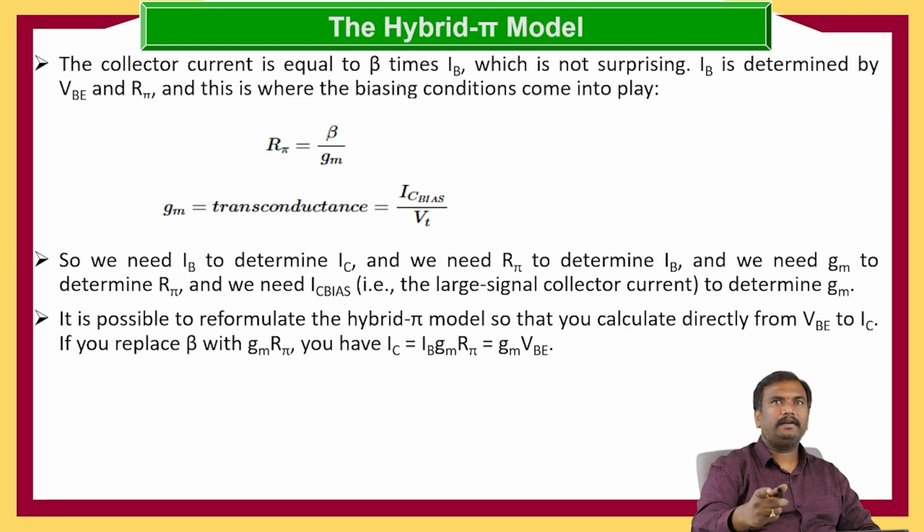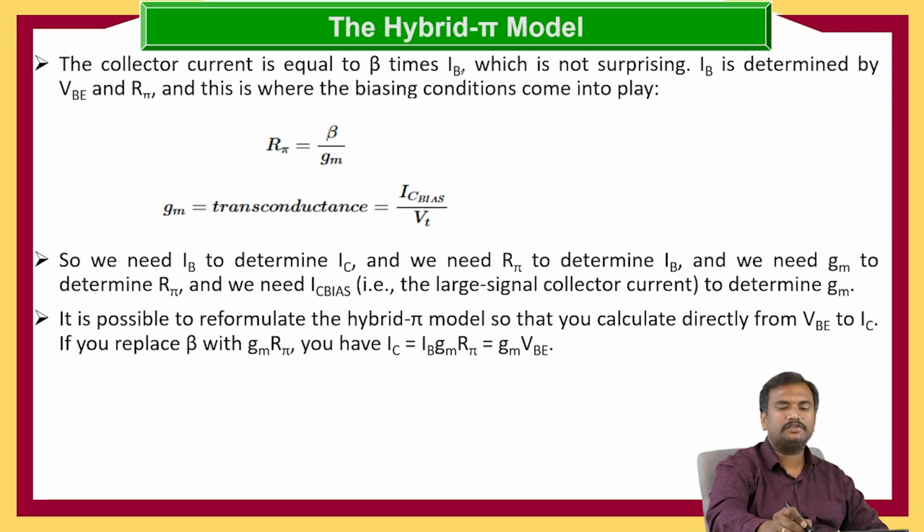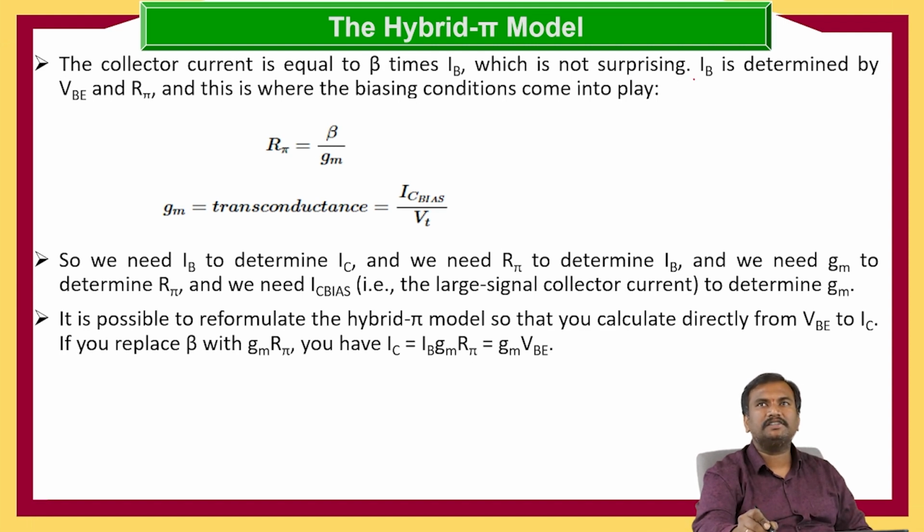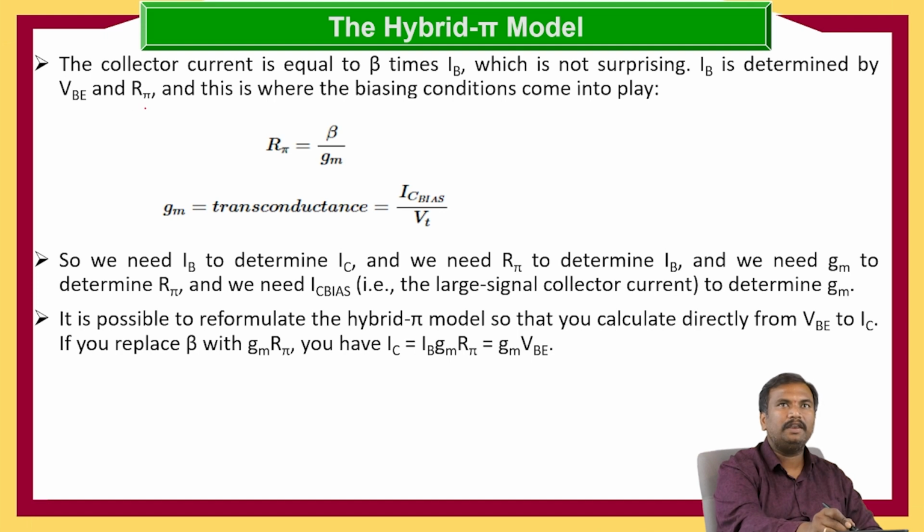The collector current equals beta times IB, which is not surprising, where IB is determined by VBE and R pi. This is where the biasing conditions come into play, where R pi equals beta by GM, and GM is the transconductance, which equals IC bias by VT.